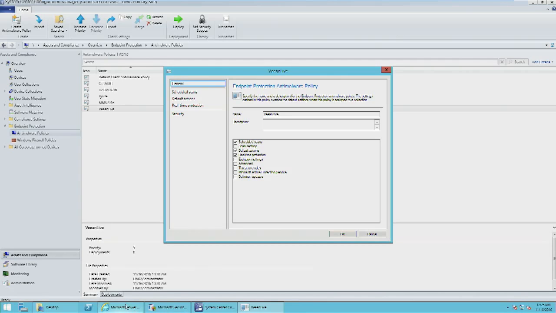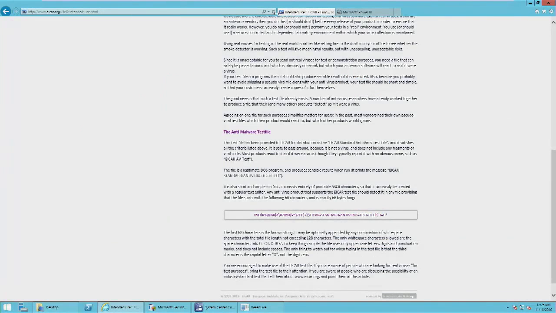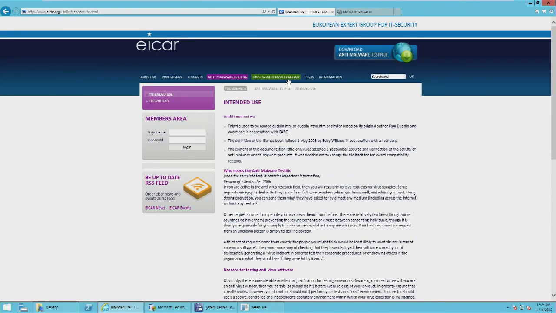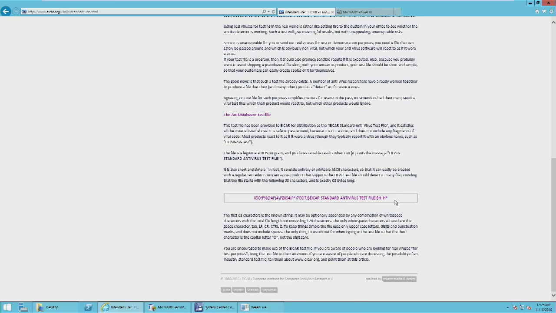But one of the things I love to show is its effectiveness. So this is EICAR. Now this is part of the antivirus industry, collectively coming together and agreeing on a particular way to be able to test against antivirus solutions, no matter who the vendor is. So this test file is actually nothing more than a string of text, and this string of text is actually a DOS program.